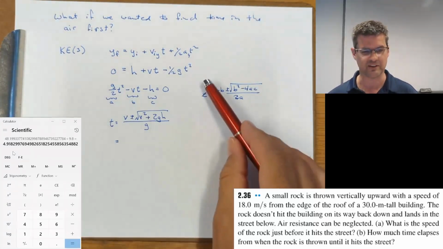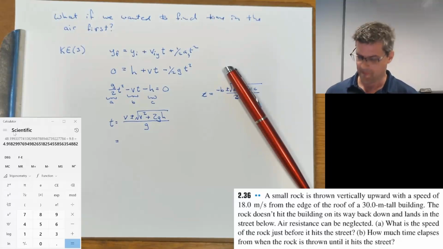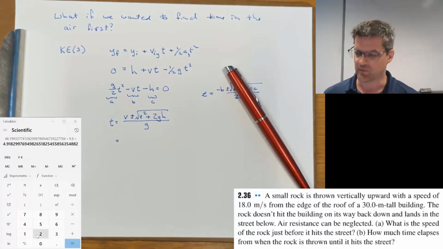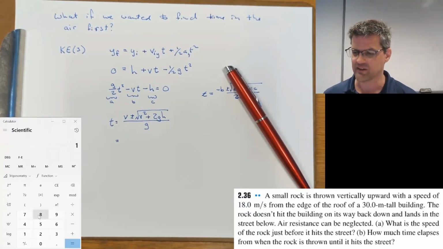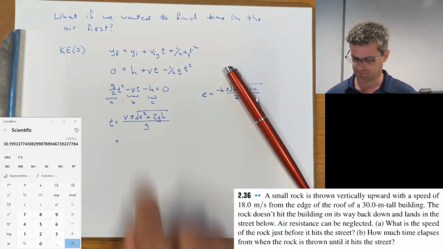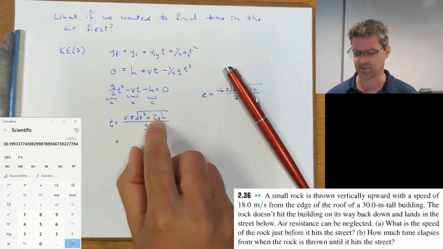Let's pull up our calculator. So we've got v squared, 18 squared, plus 2 times 9.8 times h, which was 30, is equal to this. Take the square root. So this is that argument. Here I took the square root.